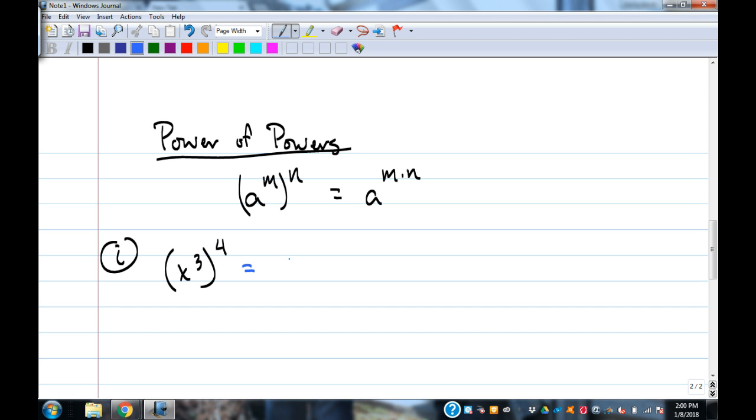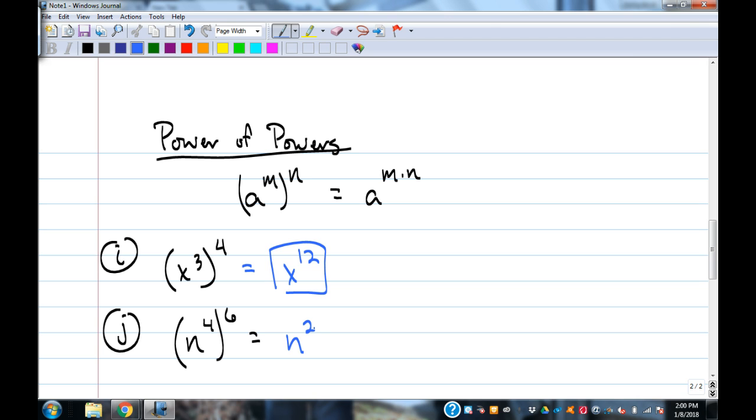Yeah, 3 times 4 is 12. If you had something like n to the fourth to the sixth power, different base, n to the 24th, just by multiplying the 6 and the 4 together.